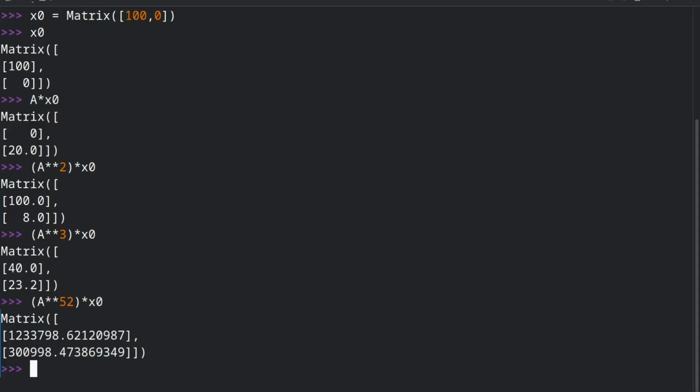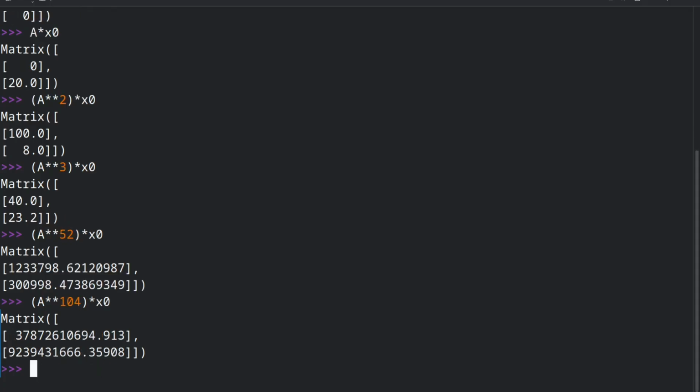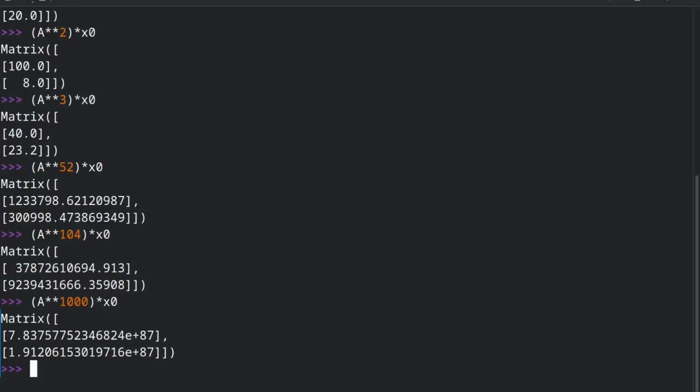Okay, what about after 2 years? 104 weeks. These numbers just keep getting bigger. What about after 1,000 weeks? Okay, now we have 7.83 times 10 to the power 87.